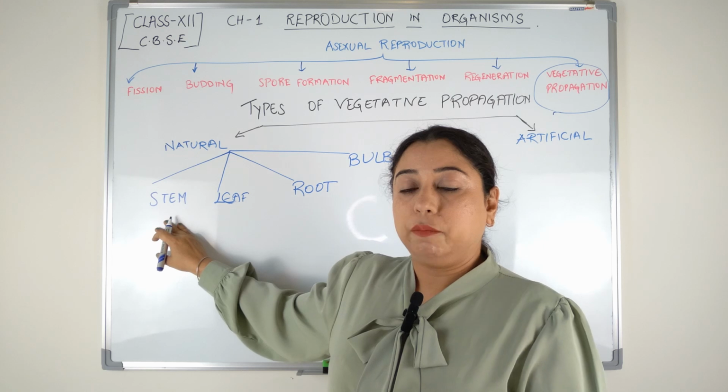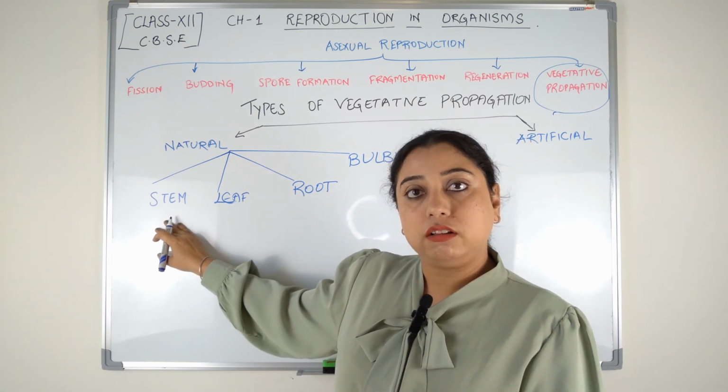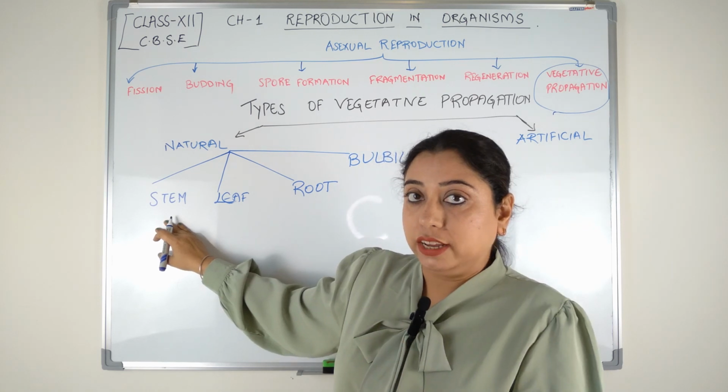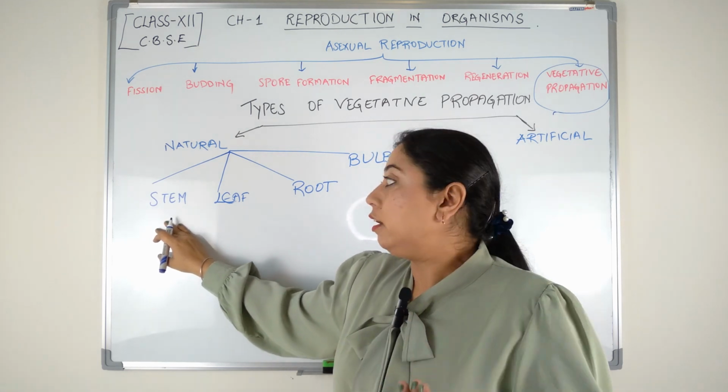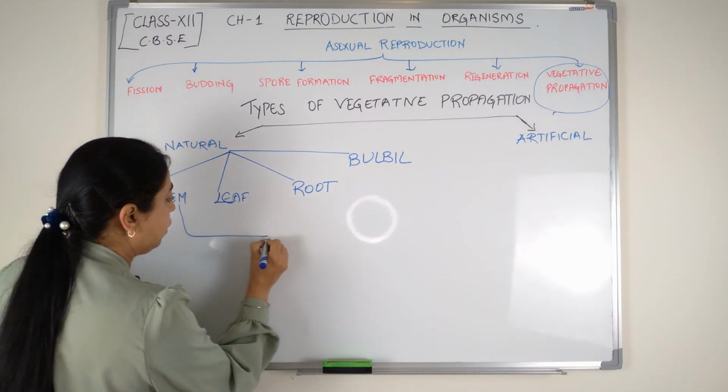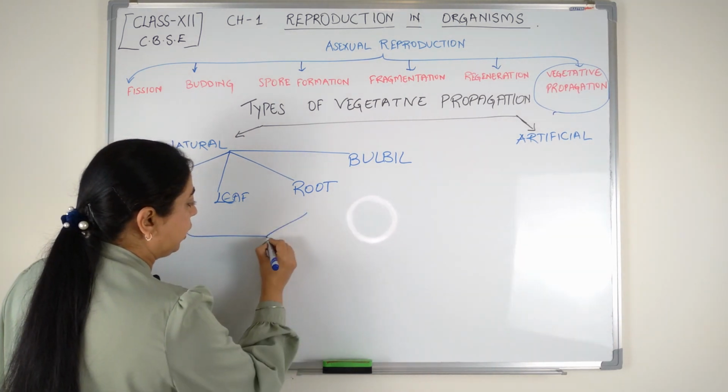So under stem we have further 3 different categories depending upon the location of this vegetative propagule, whether it is inside the soil or above the ground or partially inside or partially outside. So stem is further categorized into 3 categories.